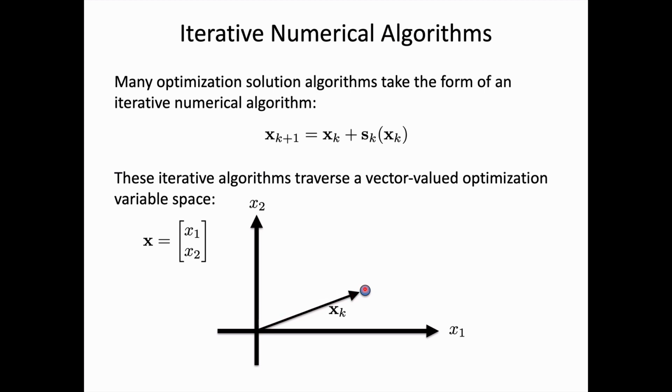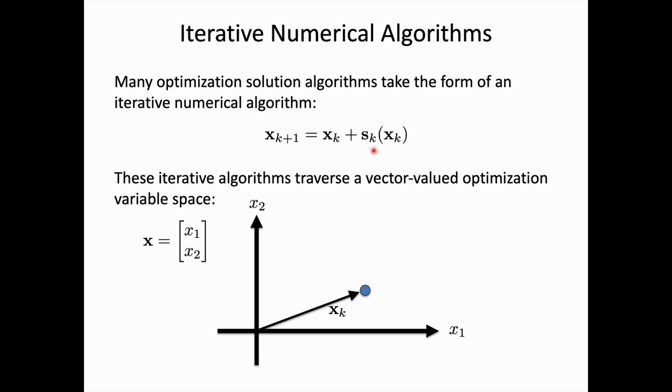Depending on the optimization algorithm that we're using, we're going to calculate sk, usually depending on the value of xk. And sk is also going to be a vector in the same space. It's going to have the same dimension as x.